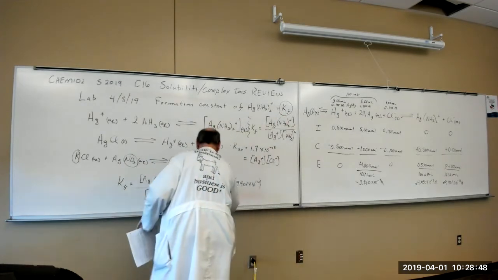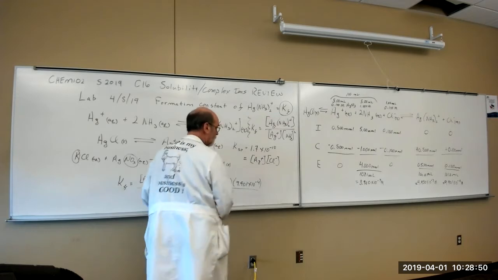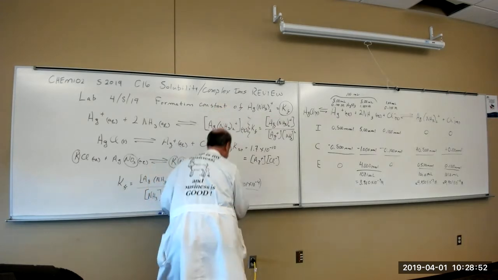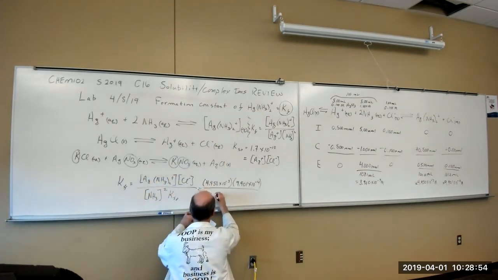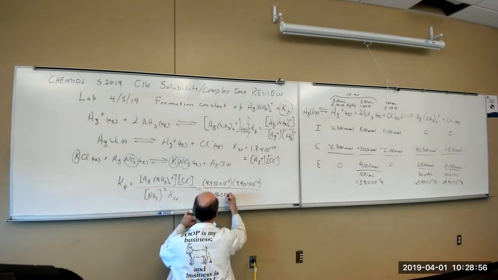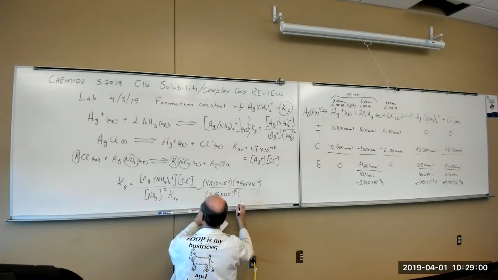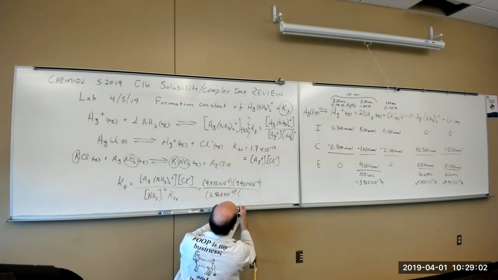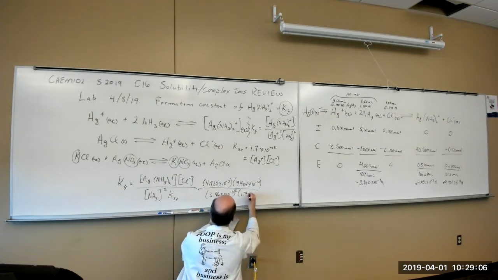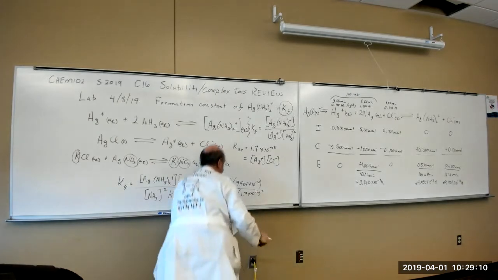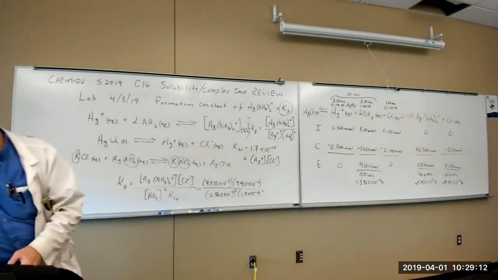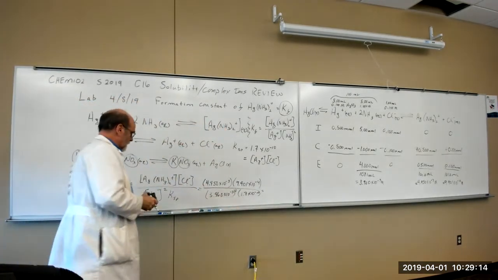Then ammonia is 3.96 times 10 to the minus 3, squared. And then the KSP for silver chloride, which is 1.7 times 10 to the minus 10. Then we do that calculation.